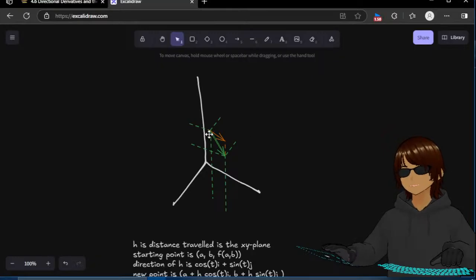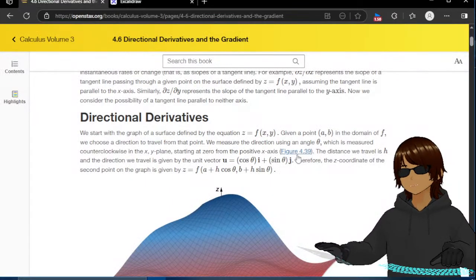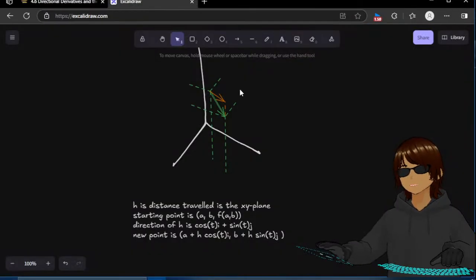Yeah. So I think only this arrow, the orange arrow, is parallel to the xy plane. I think the distance we travel, h, is only in the xy plane. It's not considering the z axis.